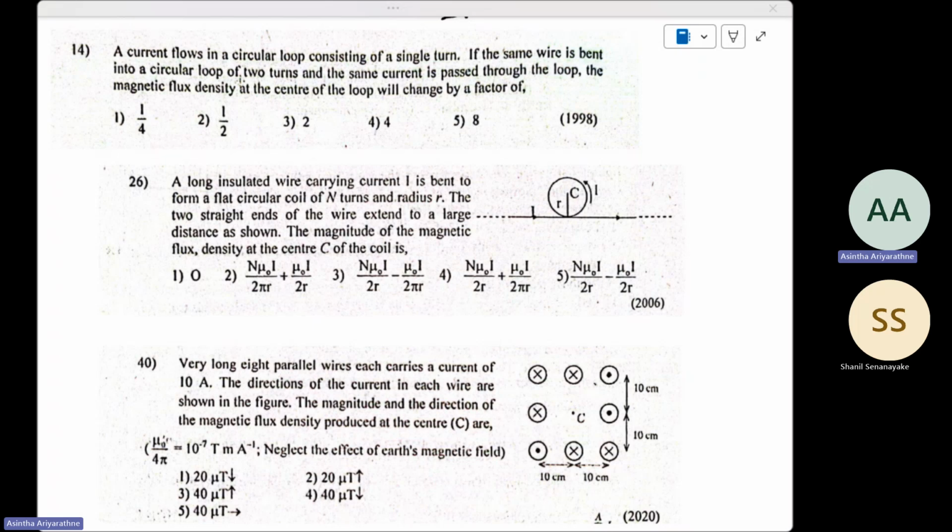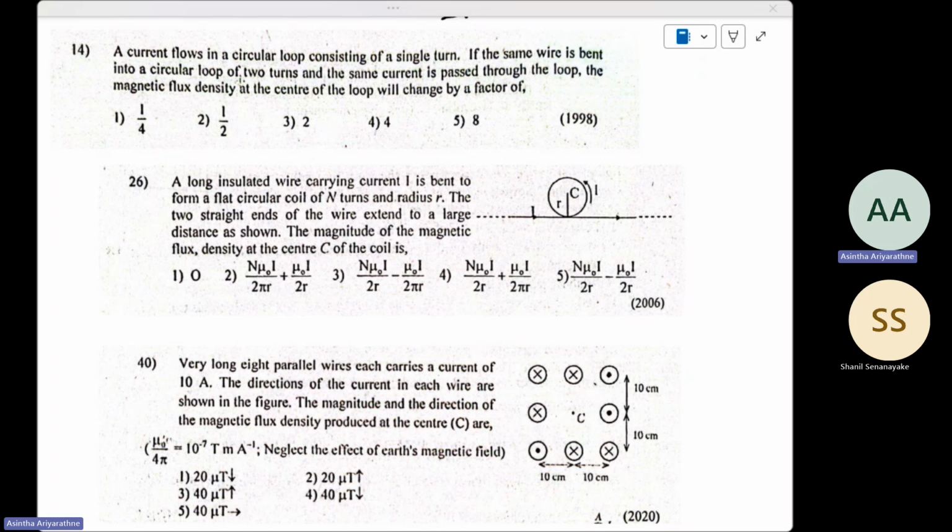When you consider the magnetic flux density at the center, we have to consider both of those two elements, and you have to consider the direction of the magnetic flux density at the center due to those two elements.